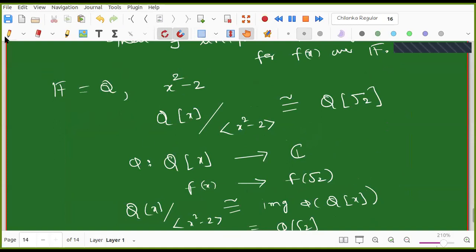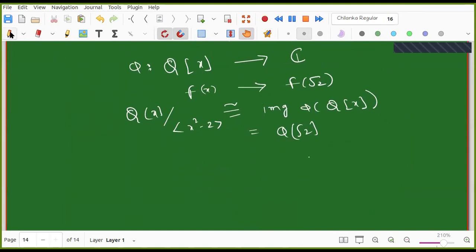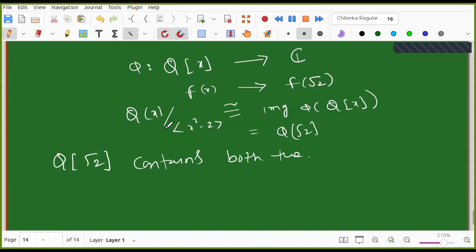Okay. So now this Q(√2) contains both the roots. See, I told you earlier, Kronecker told that you take any polynomial, there exists a field which contains its roots. So he exactly did this, right? But this is isomorphic to Q(√2), I'm telling you.